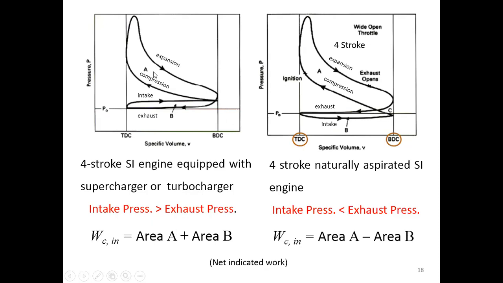Area A plus area B here, because both areas are positive. Whereas for the naturally aspirated SI engine, the net indicated work per cycle will be area A minus area B, because this area B is a negative work.